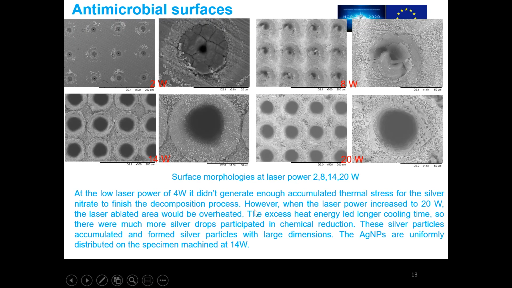Then we did the experiment at different laser powers and found that 14 watt is the best parameter for laser power in this experiment, because otherwise the silver nanoparticle is very weak.